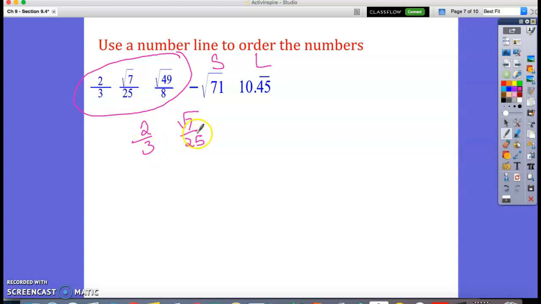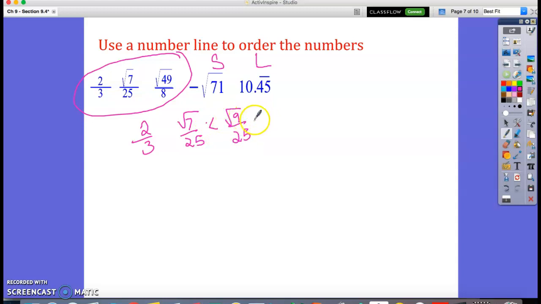I can square both sides. It will be a bigger number, right? We're going to use different methods to order the numbers. So we know that square root of 7/25 is less than square root of 9/25, right?